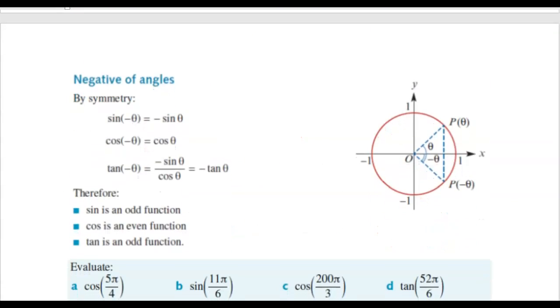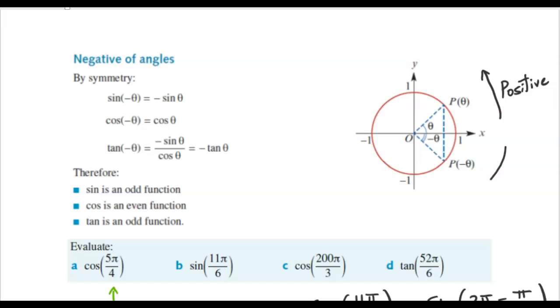Right, let's have a look at some negative angles. We've talked about negative angles. So positive angles are measured in the anti-clockwise direction, right? And when we measure an angle negatively, it's basically in the clockwise direction, right? So sine of minus theta. Now sine of minus theta is going to take me into the 4th quadrant, right? And in the 4th quadrant, the only ratio that is positive is the cosine ratio.